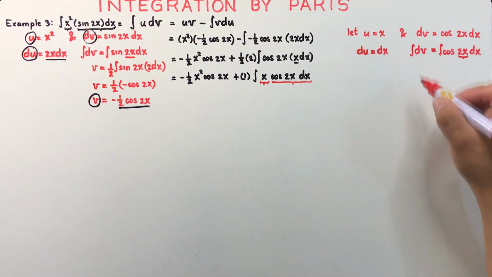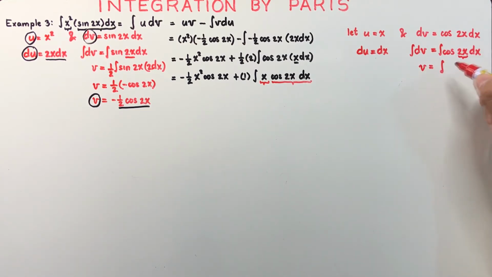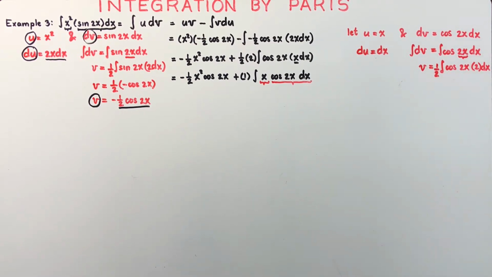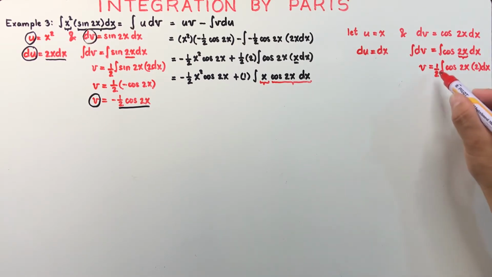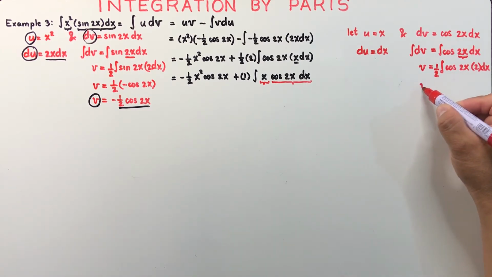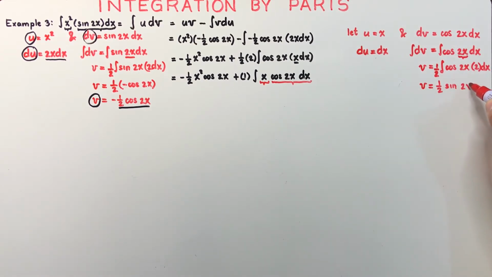So we need to provide a 2 for that integrand. So this is the integral of cosine 2x 2 dx. And to have a balance for this 2, we need to write 1/2 in front of the integral symbol. So that 1/2 times 2 is just 1. And we know that the integral of cosine is positive sine. So this is 1/2 times the sine of 2x here.